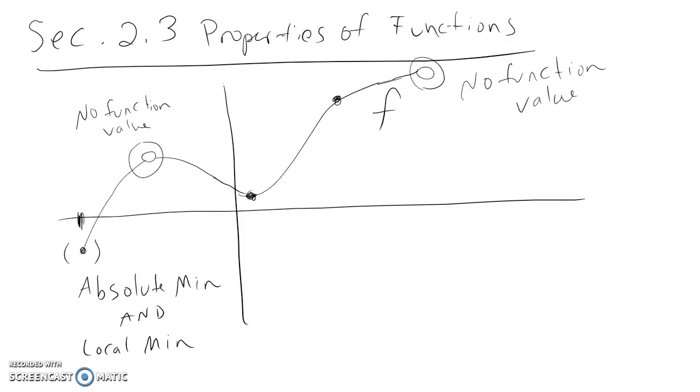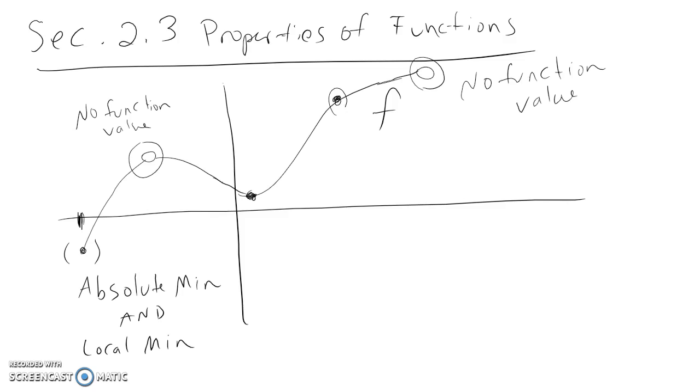In fact, this function f has no absolute maximum because the y values, as x gets larger and larger, approach a number, but they never really attain it. So there's no maximum. It just keeps getting a little bit bigger and a little bit bigger, but it's not a value.